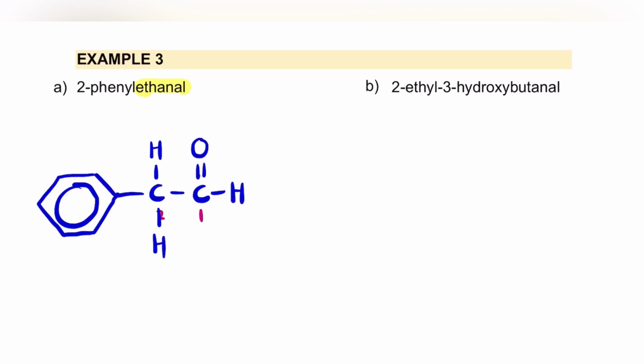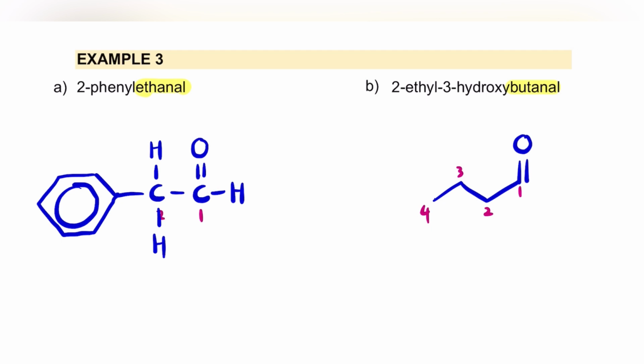Next one, we go to structure B. You have butanal as the parent. So butanal is an aldehyde with 4 carbon atoms. So I'm going to draw 4 carbon atoms. This is my skeletal structure. And at the first carbon, always the carbonyl carbon, I'm going to put a double bond O. I'm drawing the skeletal structure, so I will not show the hydrogen atoms.